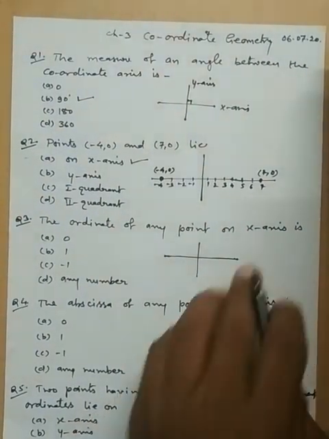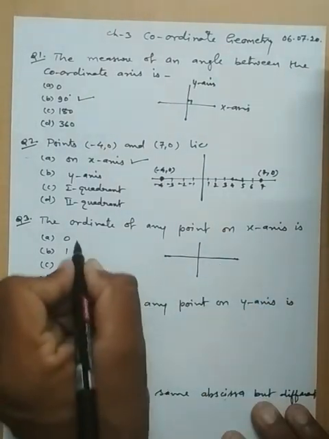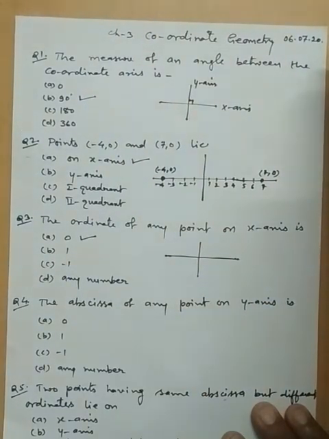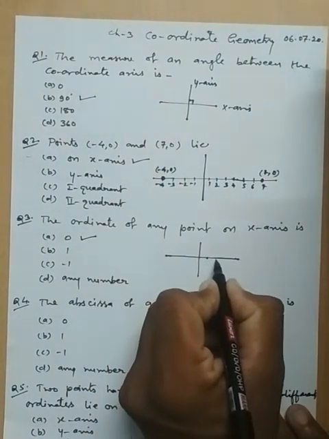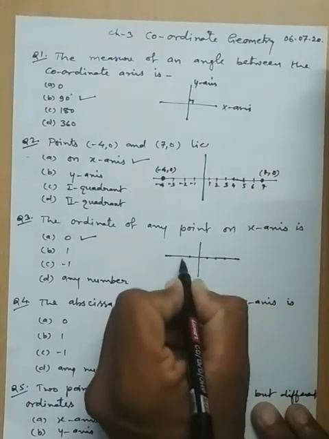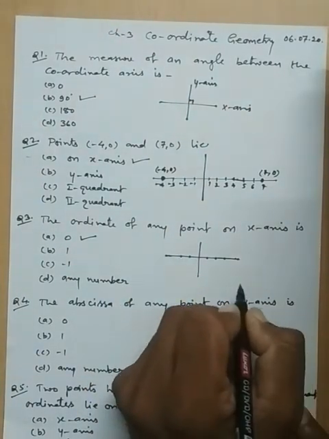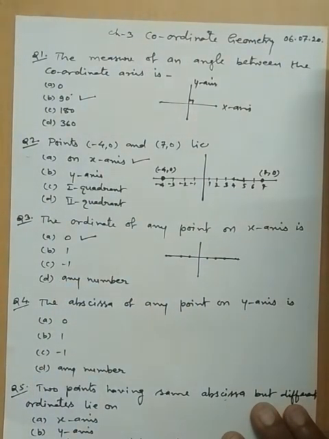So on the x-axis the y-coordinate is 0, and the first option is correct. For any point, suppose 10, 20, 30, on this side -10, -20, the y-coordinate is 0 for all the points.